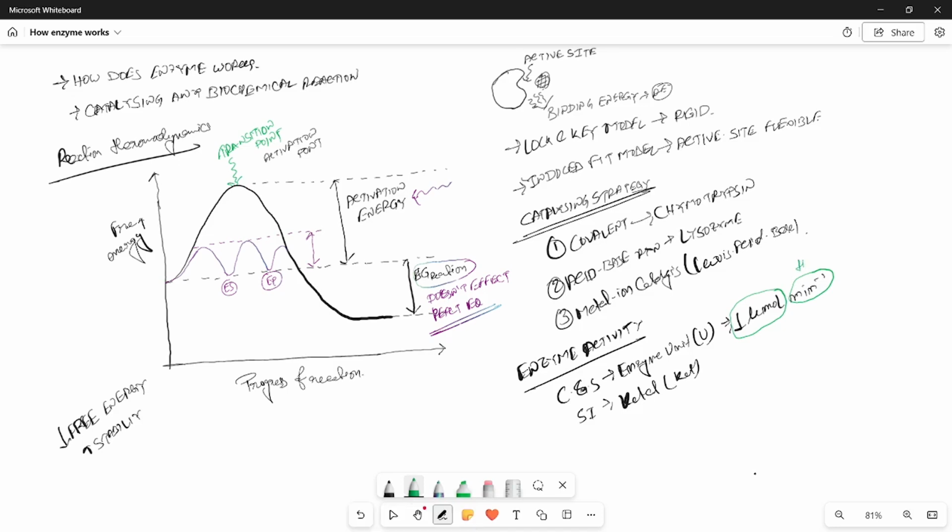This is the time duration, and this is the amount of substrate. Now what is the value of katal?